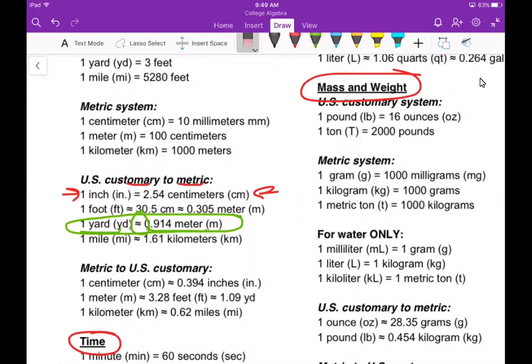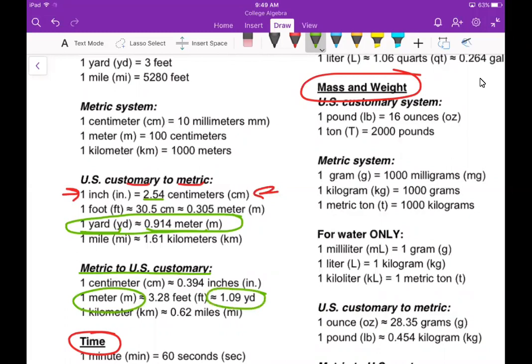A lot of the time when we go from the US customary system to the metric system, we don't get nice even numbers like we just happened to with the inch to centimeter. It's not something that rounds perfectly well. So that means that if you happen to instead have looked down at this category and seen your conversion from yards to meters, let's see, in this case, it would be yards to meters right here.